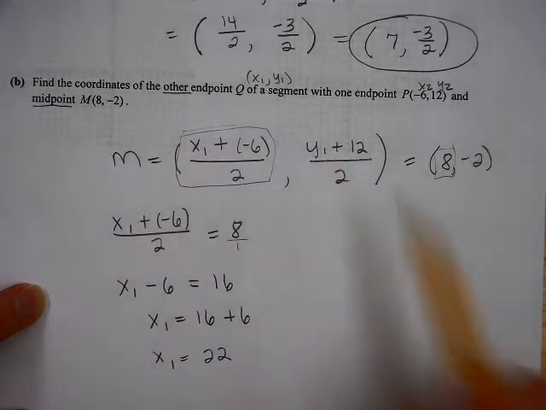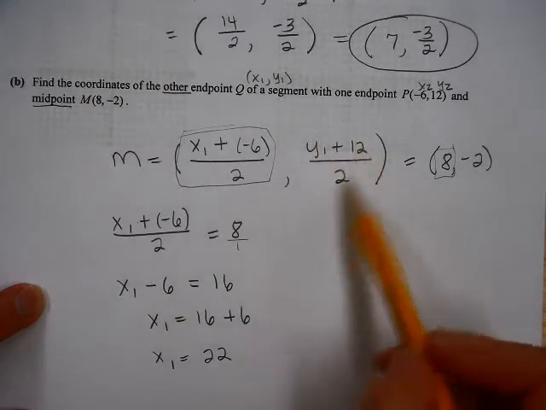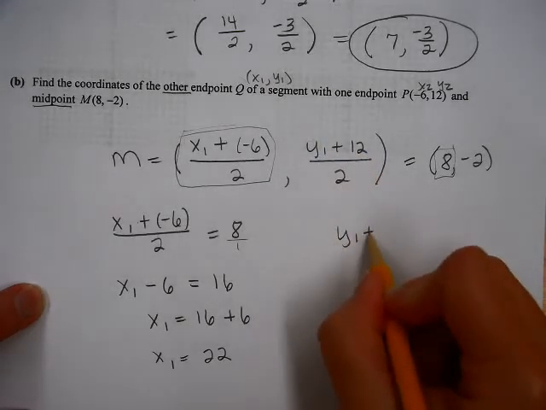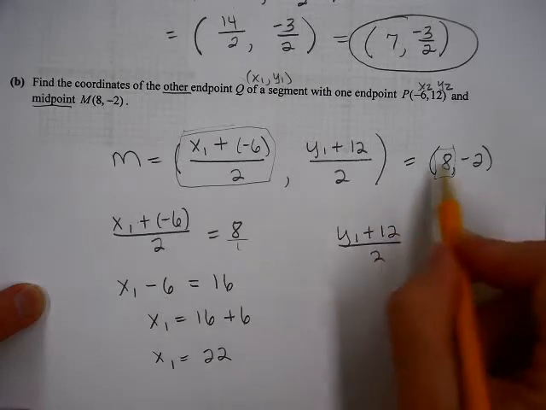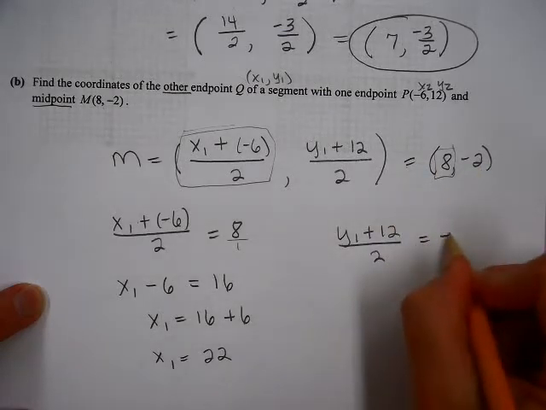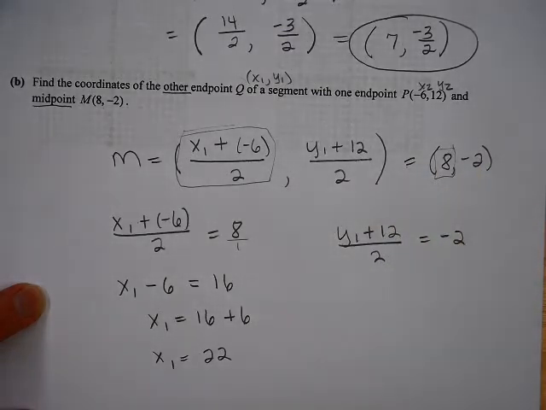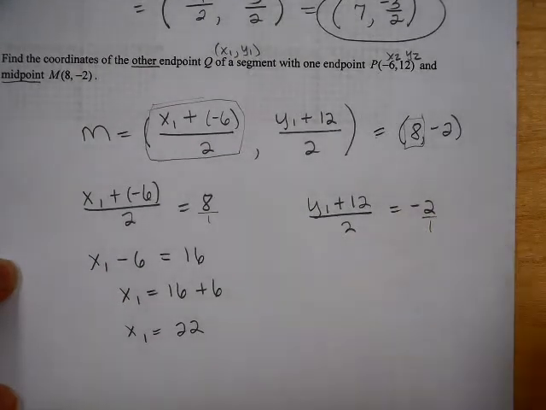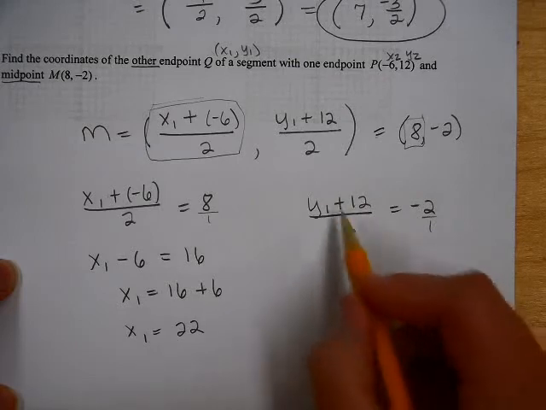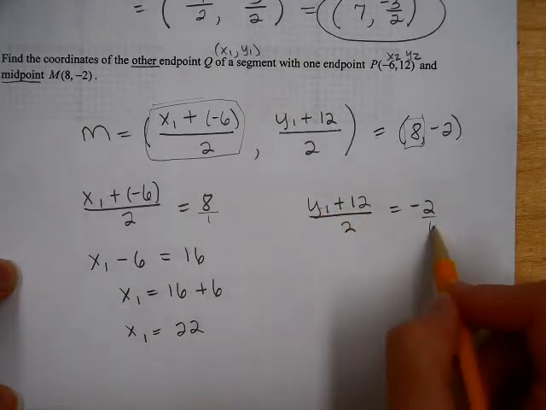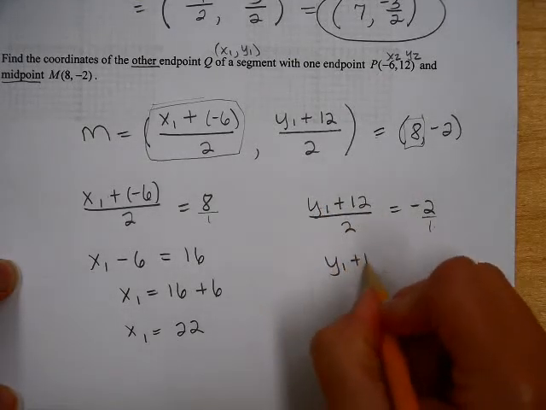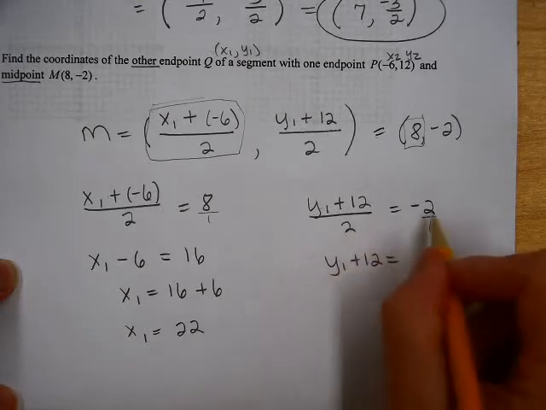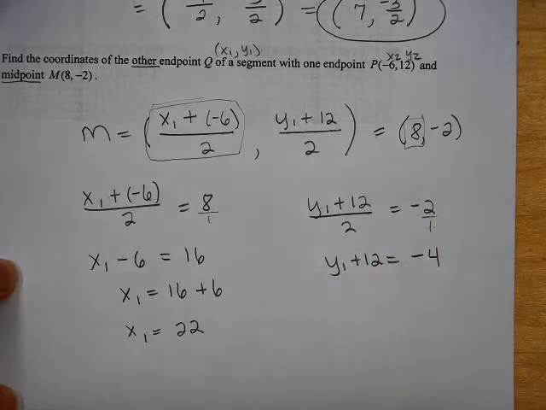Now let's find the y value. Again, let's set this y1 plus 12 over 2 equal to negative 2. And then we're going to do this the exact same way we just did the other one. You can put the 2 over 1, cross multiply, y1 plus 12 times 1 is just y1 plus 12. 2 times negative 2, negative 4.